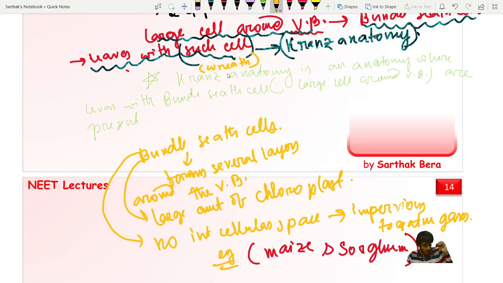In Kranz anatomy, many chloroplasts are present in the bundle sheath cells, and no intercellular spaces are present.